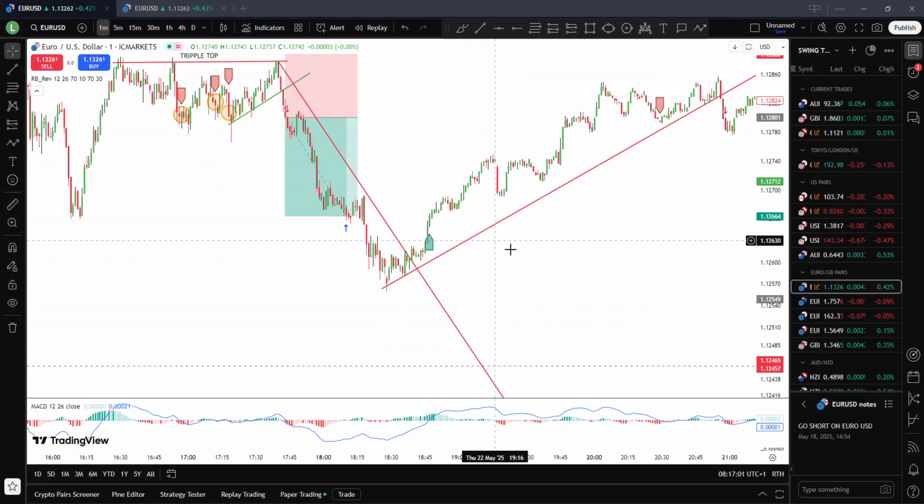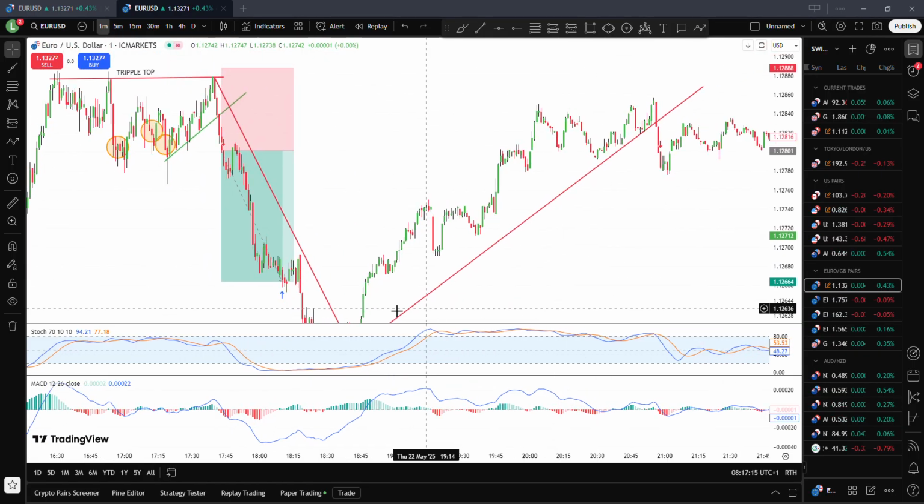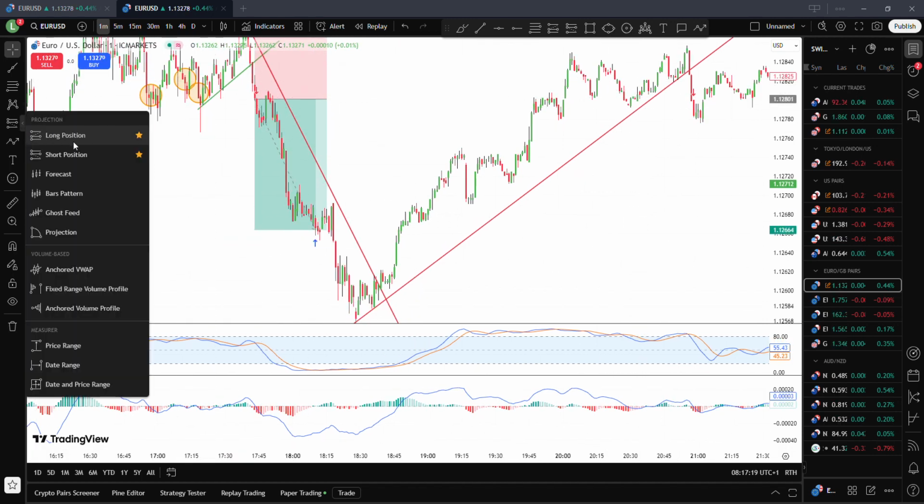Apologies there. If we go to the other chart, you can see the stochastic is the same, and then as they both pop over the line at the same time, that's when the Rob Booker indicator came up, and we would have probably got in and made a really decent trade on this.